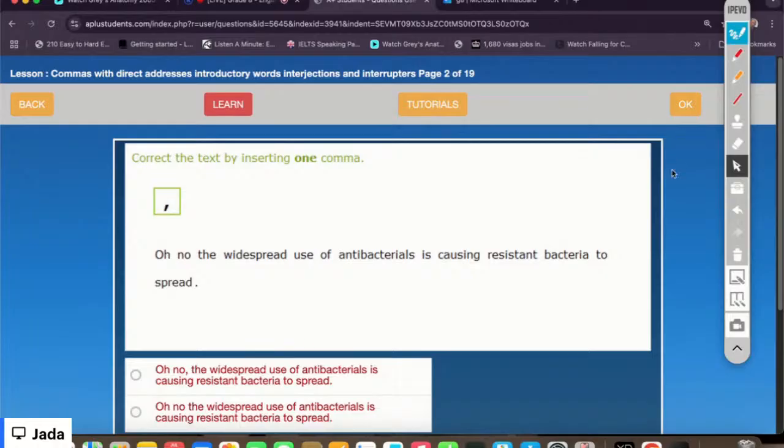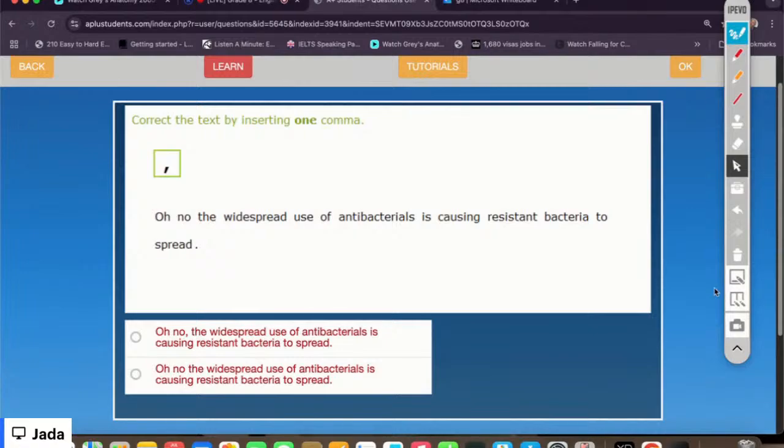So, "Oh no, the widespread use of antibacterials is causing resistant bacteria to spread."